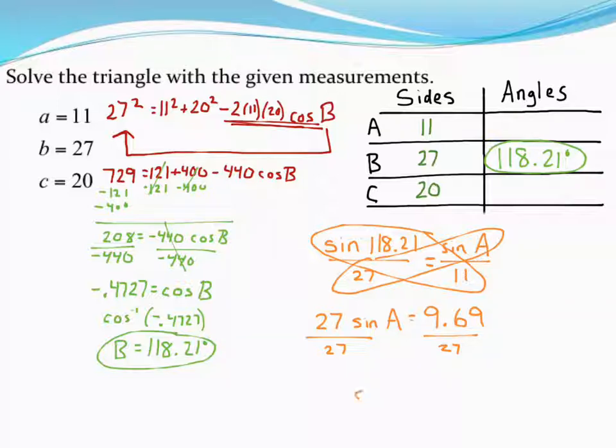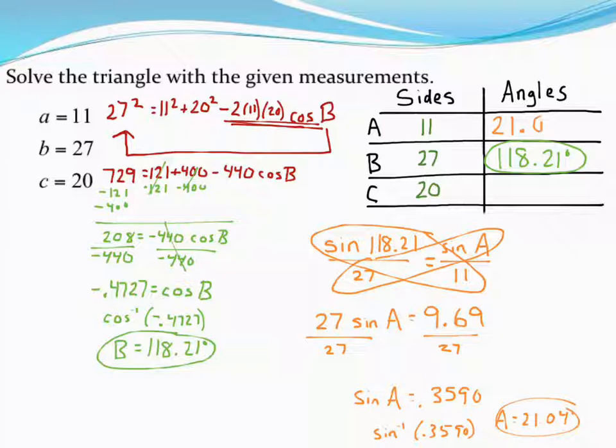So sine of angle A is equal to about 0.3590. Doing an inverse sine, I find that angle A comes out to be approximately 21.04 degrees. Let's also add that to my chart.